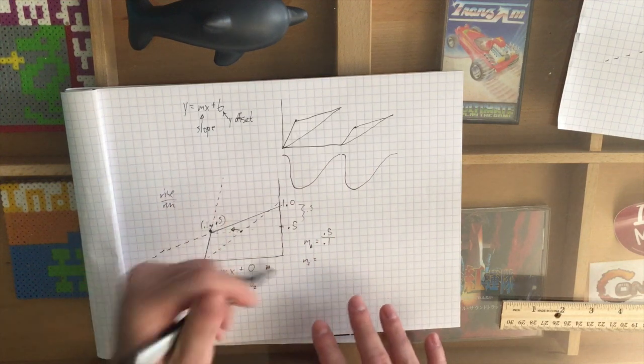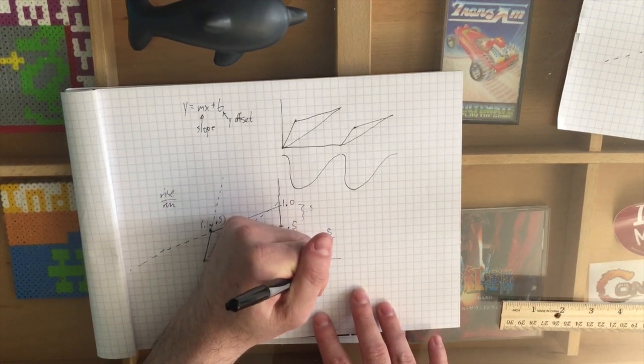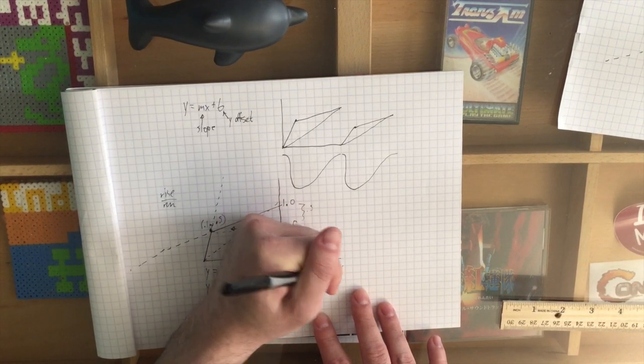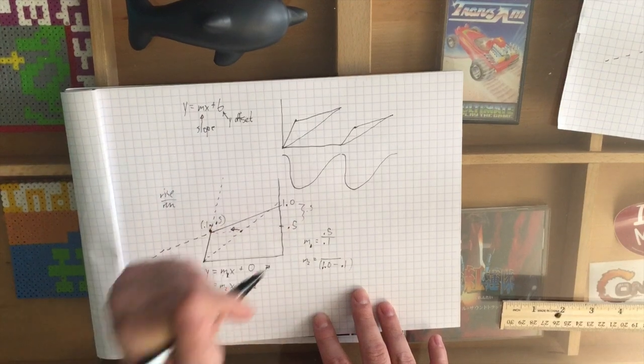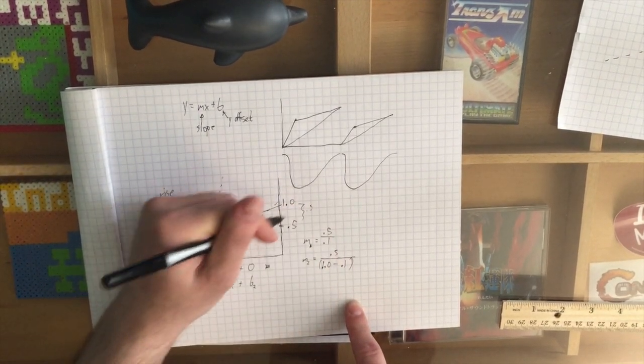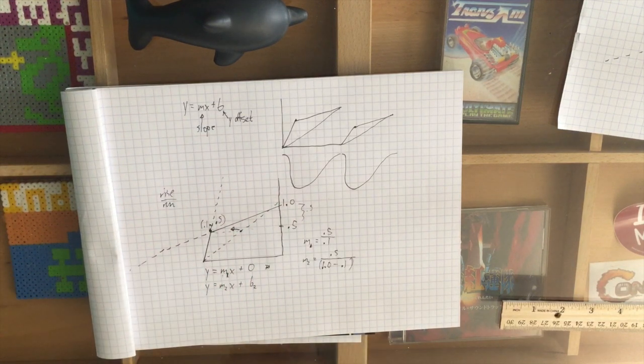How do you figure out what that is? Well, that's 1.0 minus 0.1, because that's what you've got to get to. Same 0.5, because we're going another half up. And there you go. So those are your two slopes.